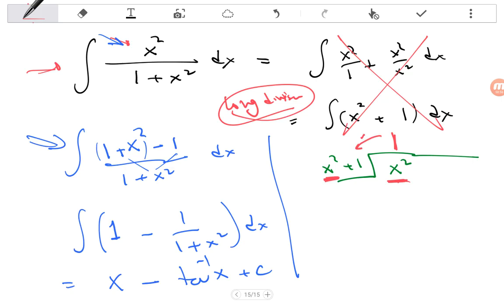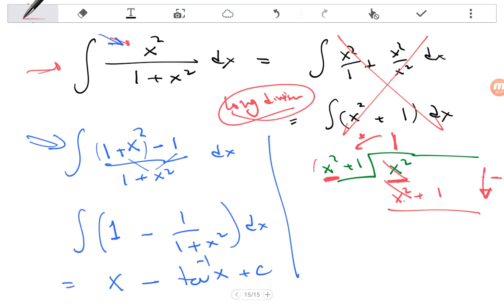Then I will multiply that result 1 by all of this. It will give me x squared plus 1. Then in this case I will subtract. Okay? I will make a subtraction. And always I will find that this term is cancelled with this term.